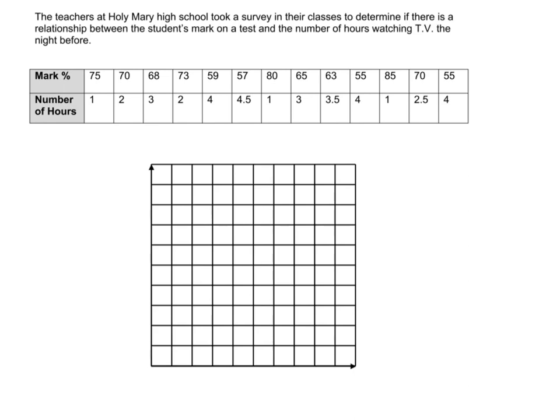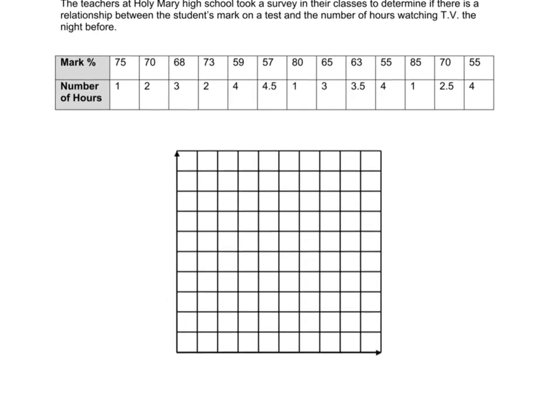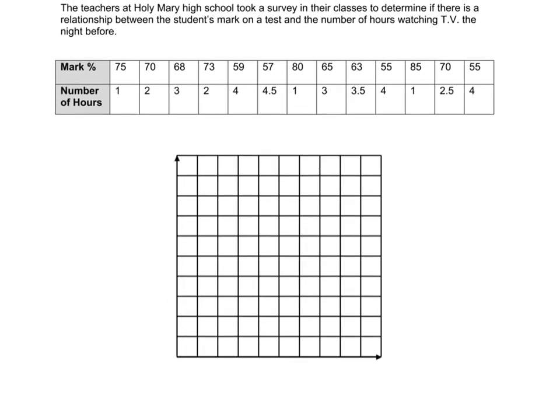So they have two things here that they're measuring: the marks on their tests and the number of hours that they watched TV. Okay, so what axis are we going to call X and what axis are we going to call Y? Remember, this is the X axis.